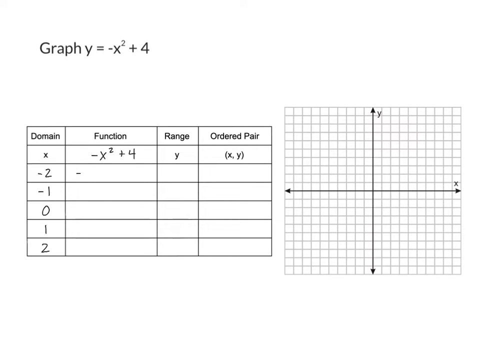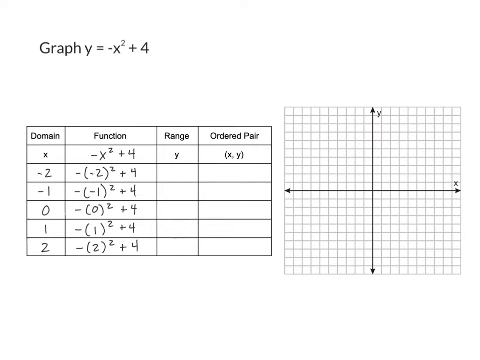So -2 squared plus 4, -1 squared plus 4, 0 squared plus 4, 1 squared plus 4, and 2 squared plus 4.